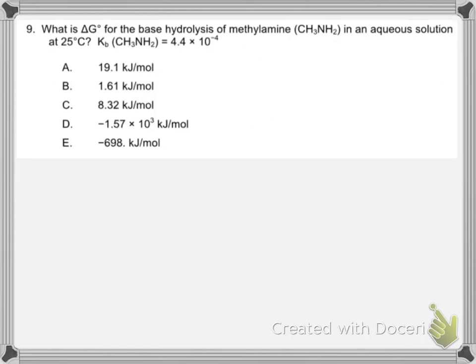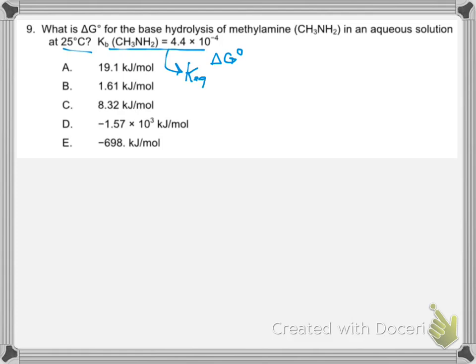In this problem, we want to relate delta G standard with the information we're given. What information are we given? Well, we're given a temperature right here. We're also given this Kb. Now remember, Kb is actually a form of KEQ. It just happens to be the base hydrolysis form of it.